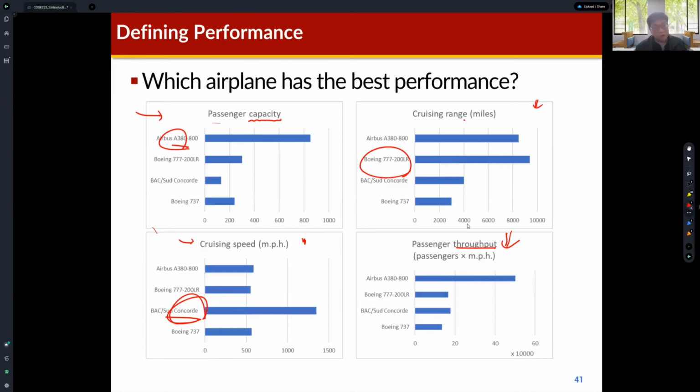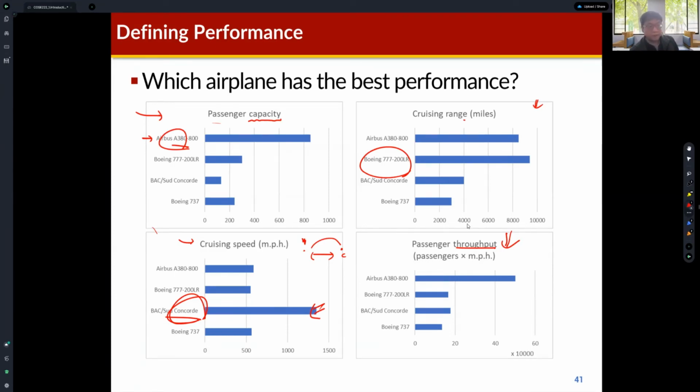If we just focus on the number of passengers in a single flight, then you need to choose Airbus. But if you just focus on the speed, from this city to the other city, and the elapsed time between these two cities, then you will select the Concorde.